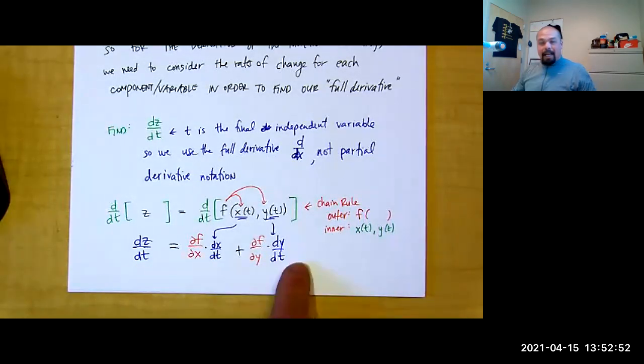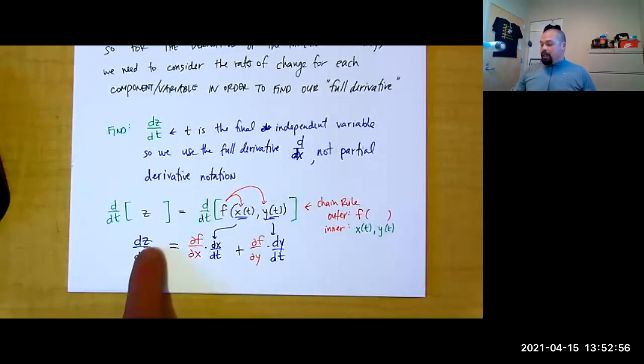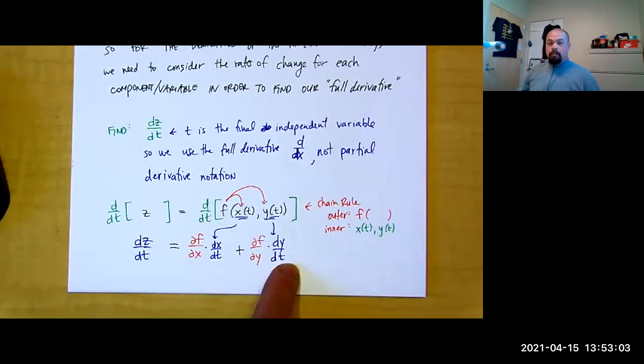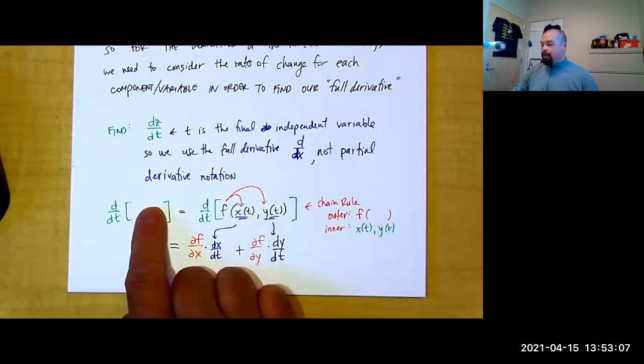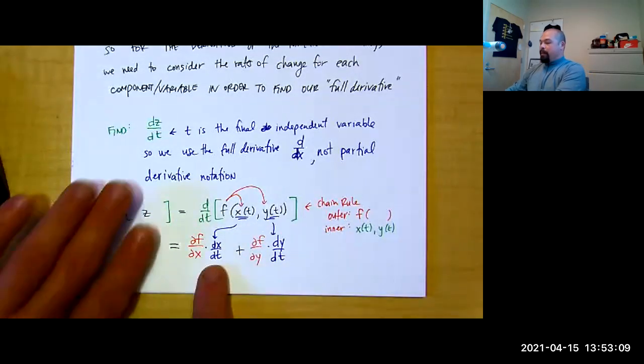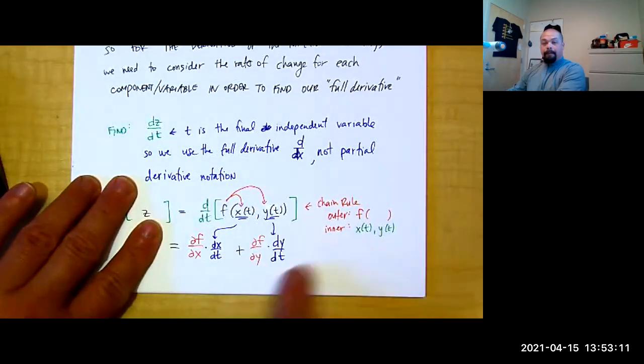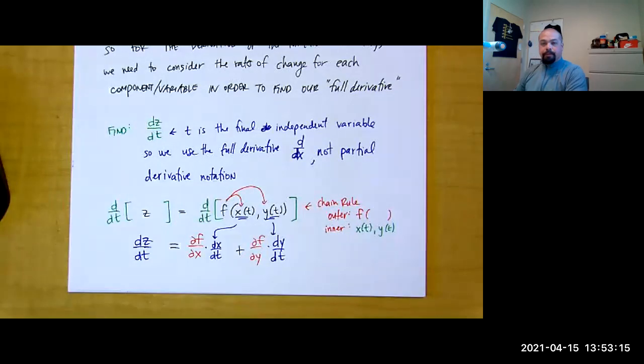So this is that complete derivative, full derivative of that function z with respect to that particular variable parameter t. And again, if we had a function of x, y, z, or some new function, we just continue that pattern, that chain rule, building our way out, adding for those components.